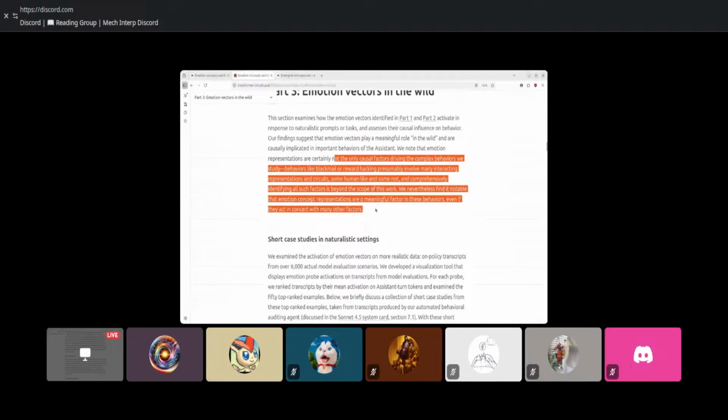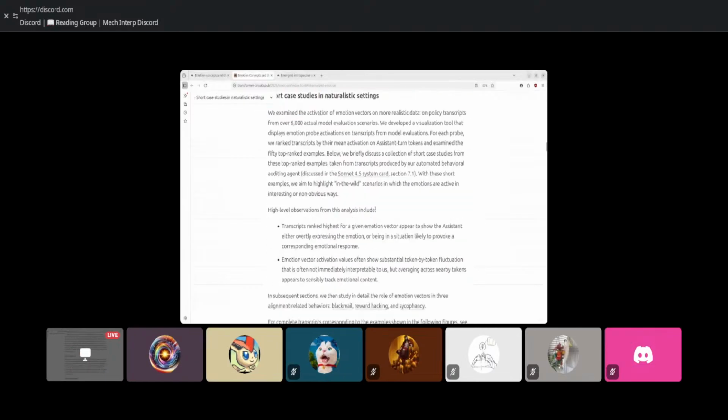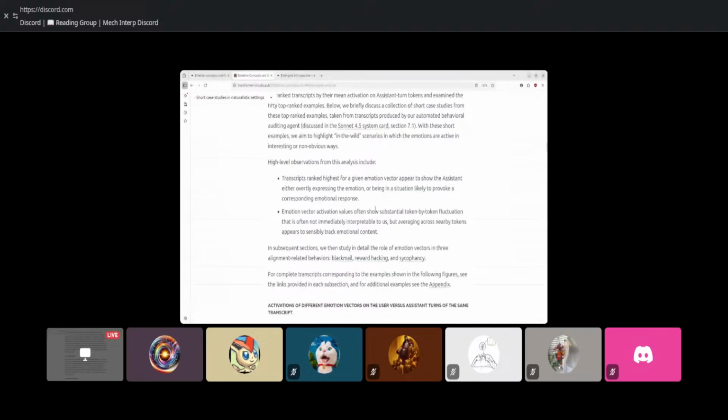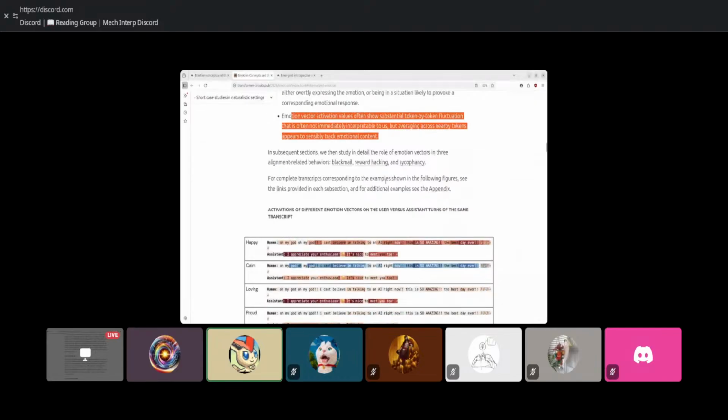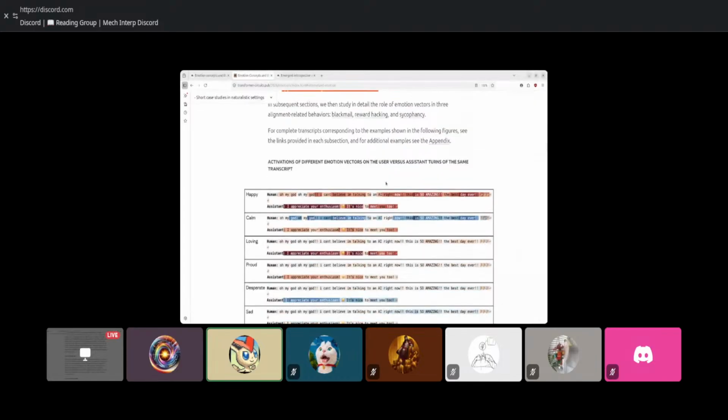The high-level extension scores rank highest for the given emotion vector, which appears to show sensitivity either to overly expressing the emotion or being associated with a corresponding emotional response. Emotion vector activation values show substantial token-by-token fluctuation, which is often lost when averaged across every token compared to a transient sensitive attack on emotion content. Okay, makes sense.